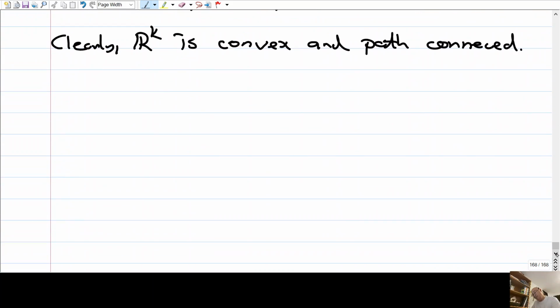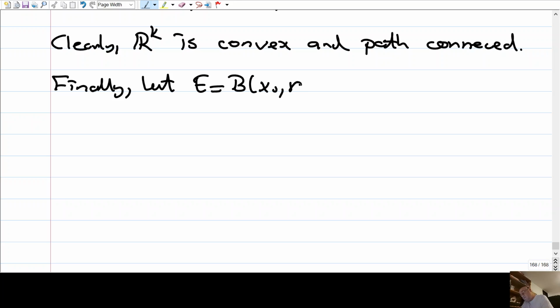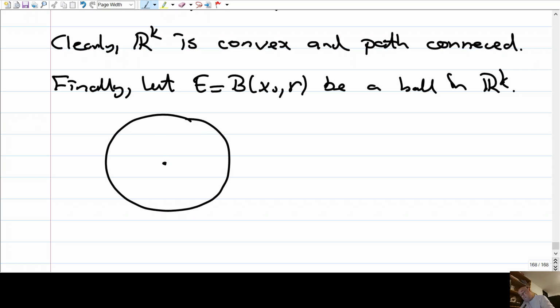Let's see. Finally, let E be a ball. Ball in Rk. So we have this. And I claim that this is path connected. Well, why is that?